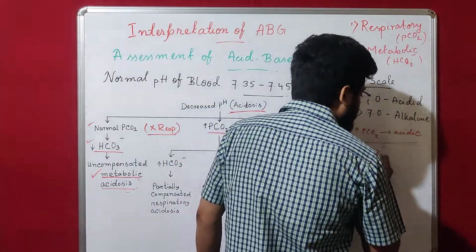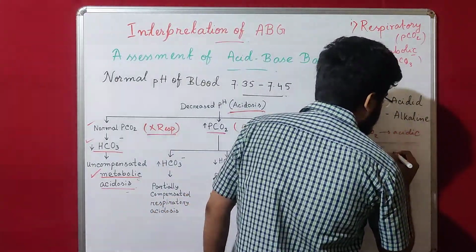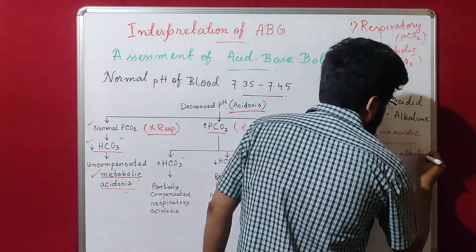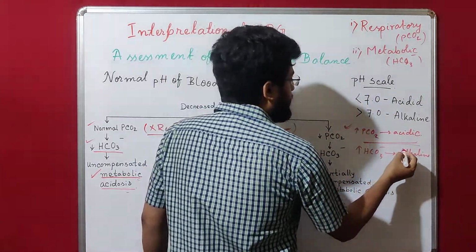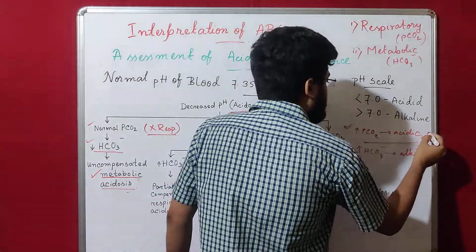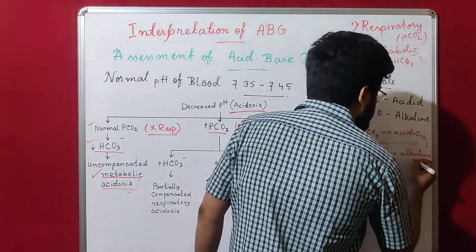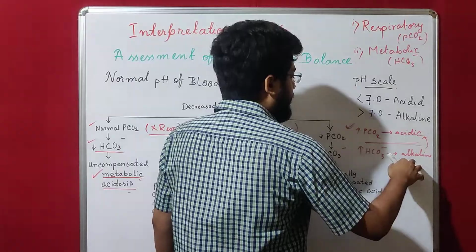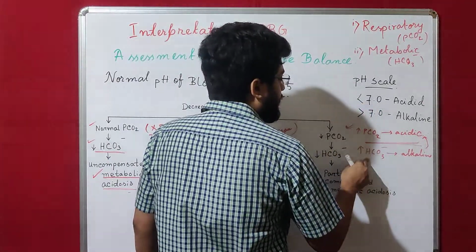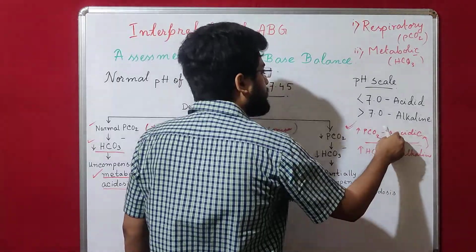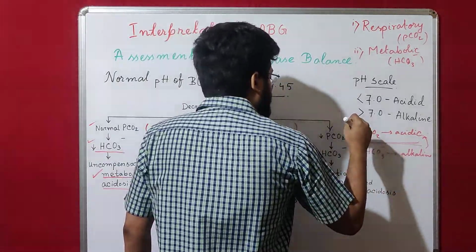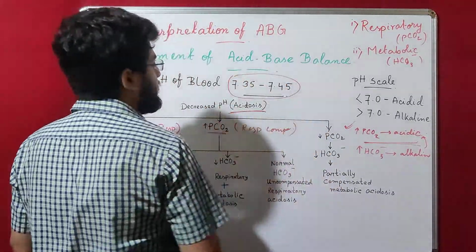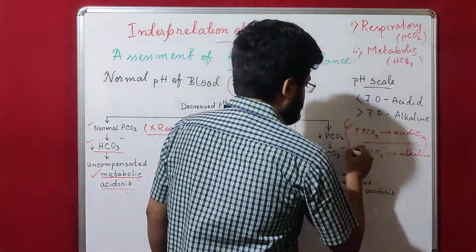And what is bicarbonate ion trying to do? It is trying to make the blood alkaline, so that it can counter the acidic component and keep the pH of the blood in the normal range. The alkaline nature of bicarbonate ion is trying to counteract the acidic nature of carbon dioxide to maintain the pH inside the normal range.